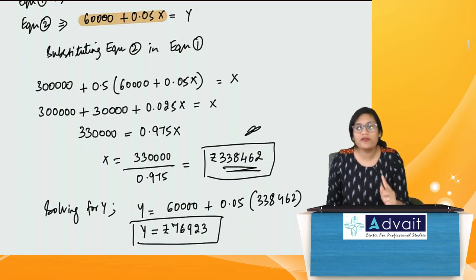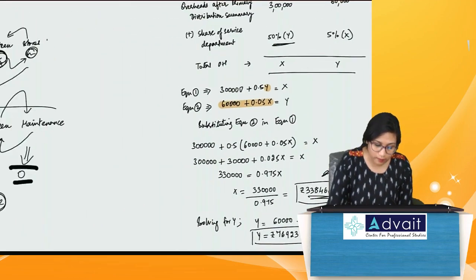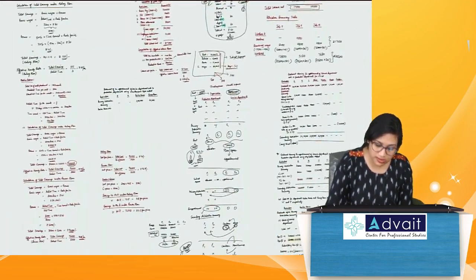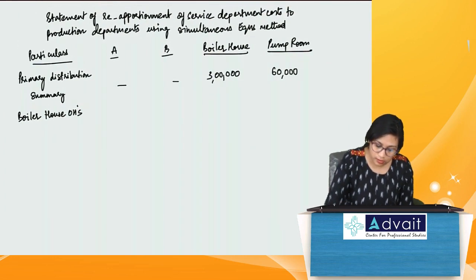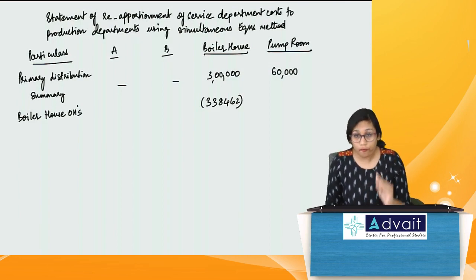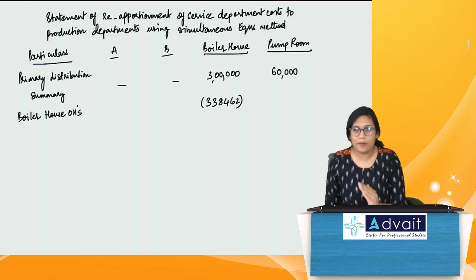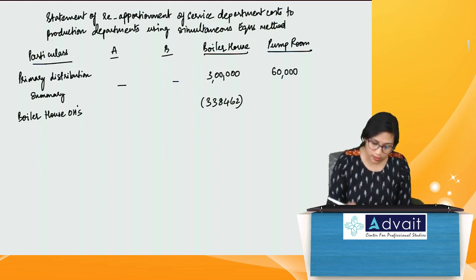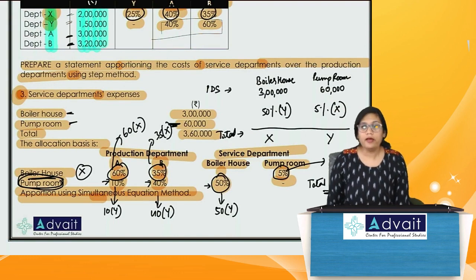So first we will apportion 338,462. This is what we will apportion first. So how do we apportion this between A, B and pump room? Boiler house is giving 60%, 35% and 5%.